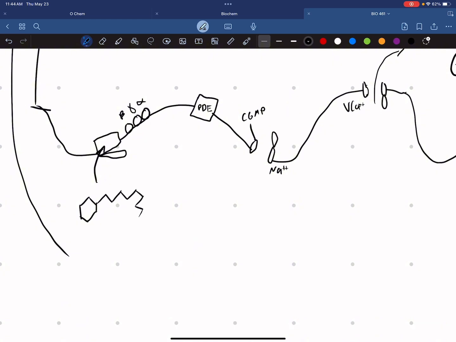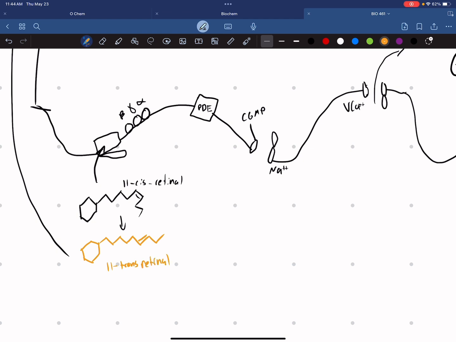This compound here is called 11-cis retinol. And what happens is when light hits these photoreceptors, this compound changes to this conformation and becomes 11-trans retinol.